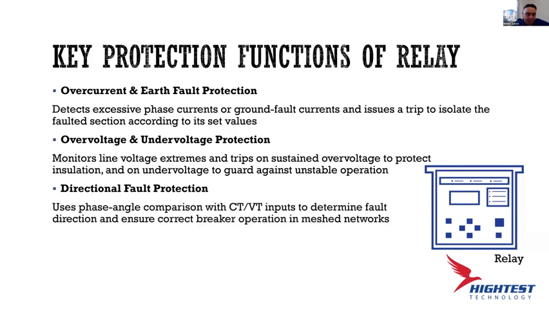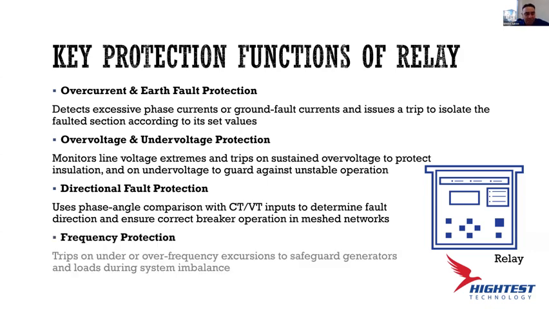Directional fault protection uses phase angle comparison with the CT-VT input to determine fault direction and ensure correct breaker operation in meshed networks. And frequency protection trips on under or over frequency excursions to safeguard generators and loads during system imbalance.